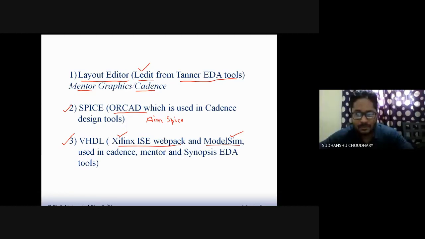ModelSim is also a very popular software, and it is used in industry-based EDA tools. Cadence also uses ModelSim, Mentor Graphics also uses it, and Synopsys also uses ModelSim for timing verification or for simulation of your circuits.